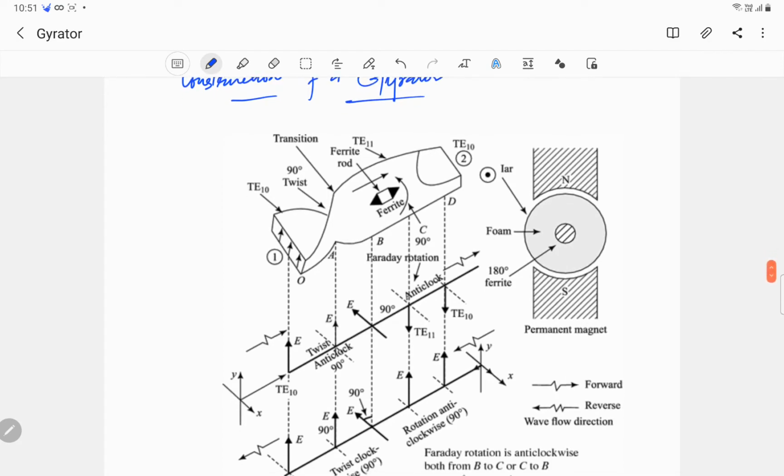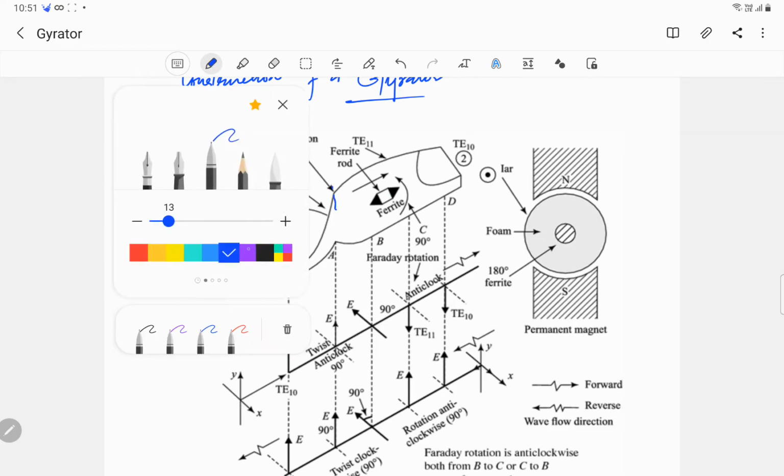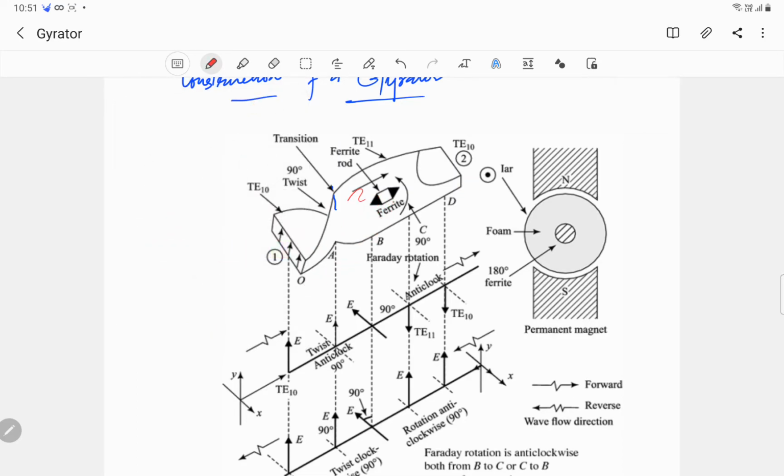As can be seen from this figure, a gyrator consists of a circular waveguide. Let me use a red marker: from this spot to this spot it is a circular waveguide, and at the ends we have rectangular waveguides. So we have a circular waveguide in the middle and rectangular waveguides at the ends.